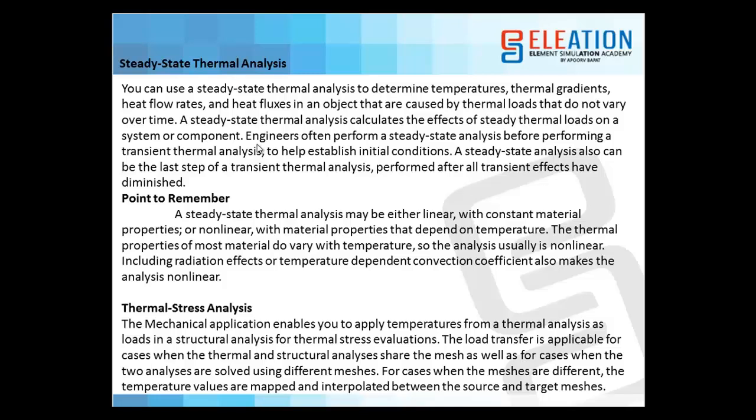For cases when the meshes are different, the temperature values are mapped and interpolated between the source and target mesh. So when we have two components and the temperature is traveling from one component to another, if the joint mesh, the mesh where the two components are in contact, is changing, my software calculates how these temperatures should travel, how much dissipation is there.